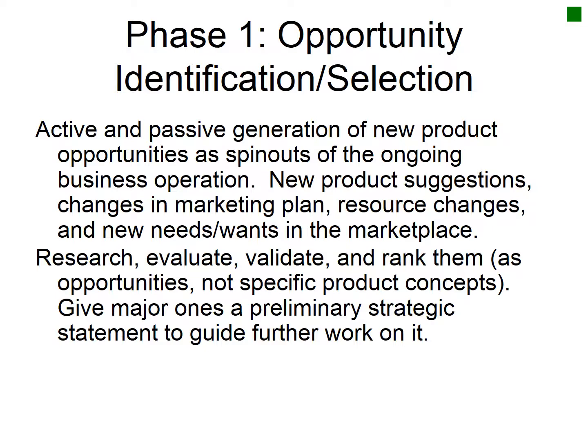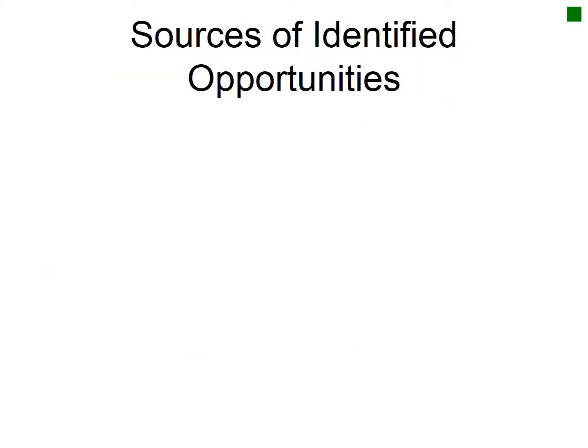So opportunity identification is a lot like the SWOT analysis, where you have an opportunity that presents itself. The question is, as a firm, is this an opportunity we want to take advantage of and create a new product and move forward in?